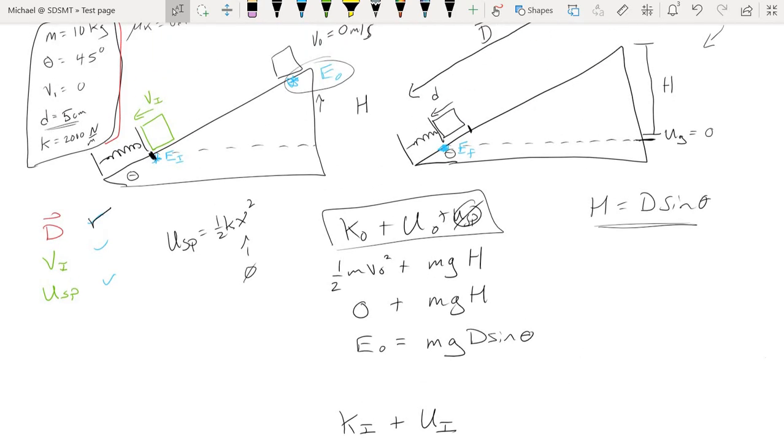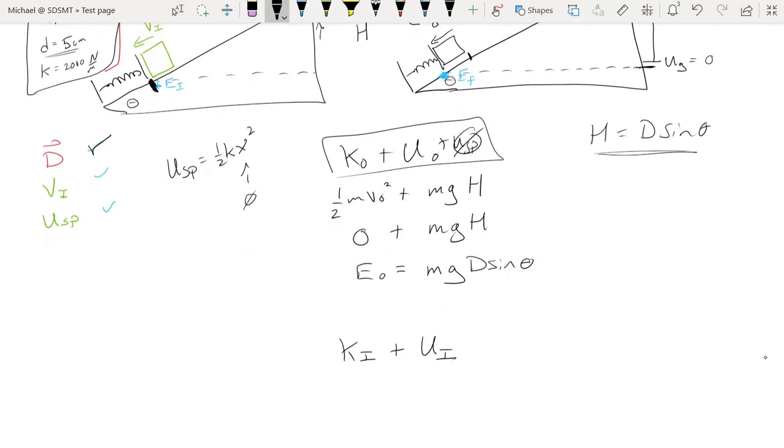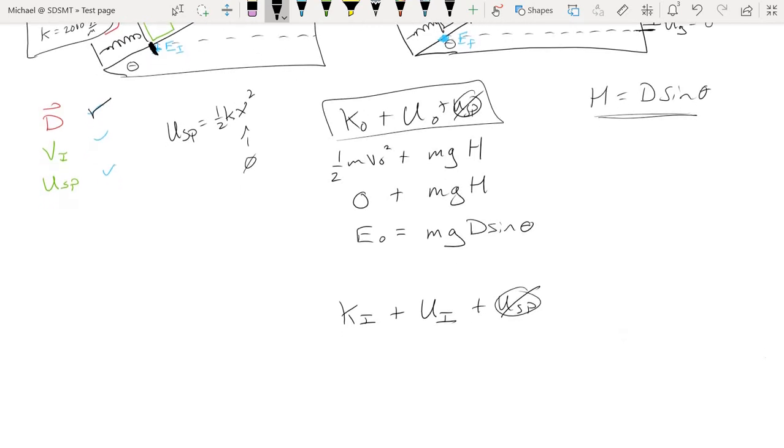But at the impact site, when the block gets down to the impact site, what's the spring doing? Well, it's still at its equilibrium position. And so we can still say that the energy in the spring is equal to 0, because the spring has not displaced yet.